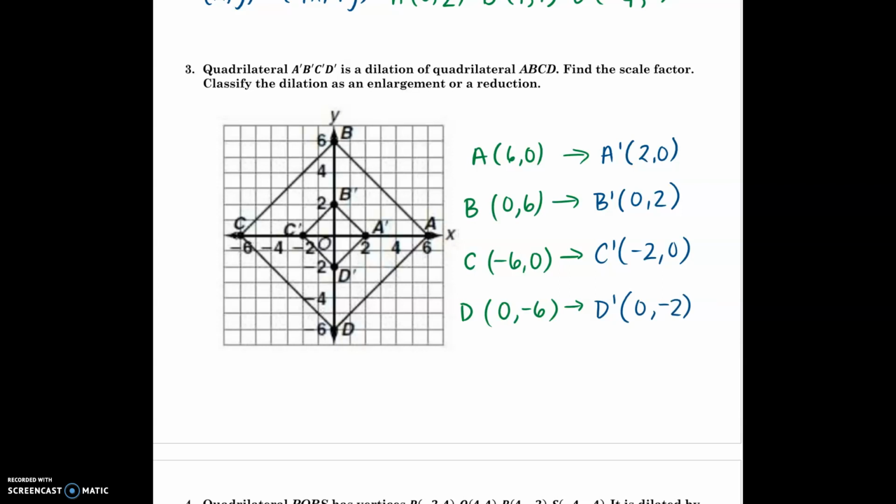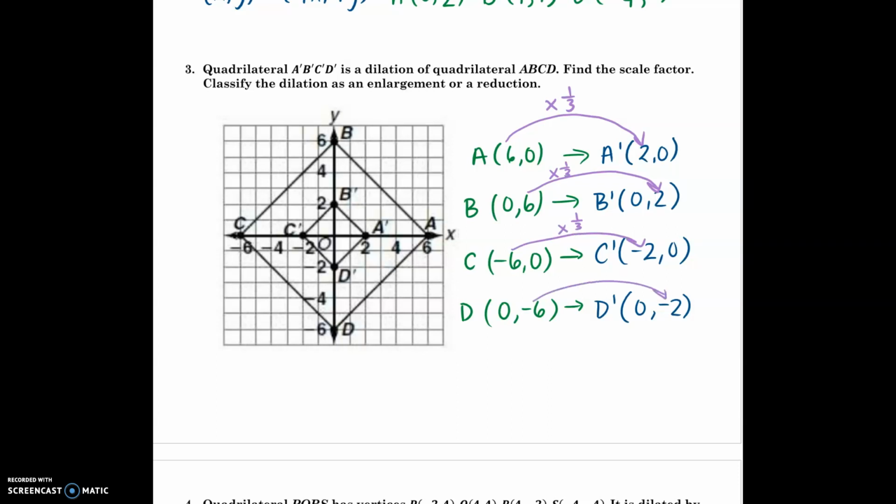Now to find our scale factor, we want to see what we had to multiply the coordinates in our pre-image by to get the coordinates in our image. So to get from 6 to 2, we multiplied by 1/3 or divided by 3. Same thing again, to get from 6 to 2, we multiplied by 1/3. -6 to -2, we multiplied by 1/3.